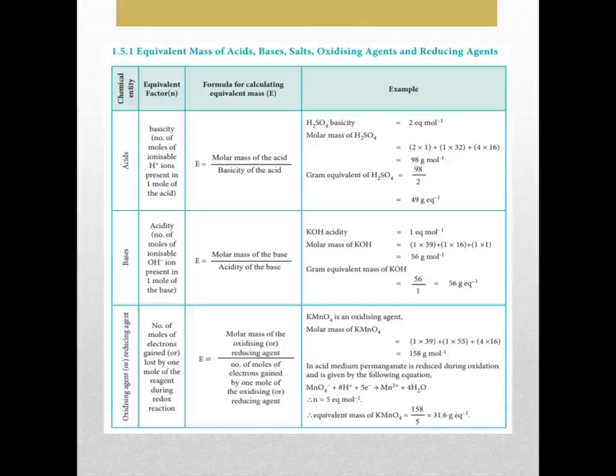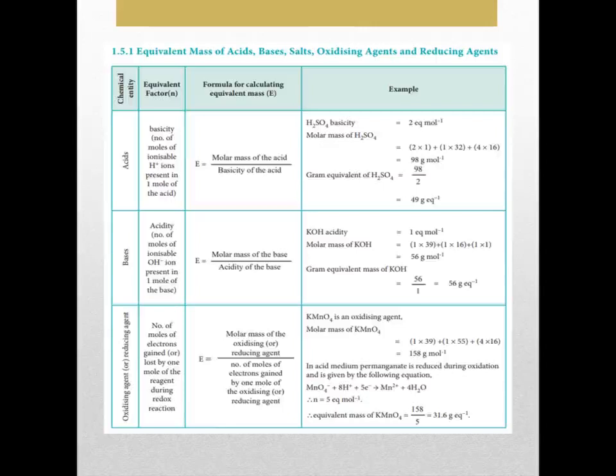Basicity is the number of moles of ionizable H plus ions present in 1 mole of an acid. So, the formula for calculating equivalent mass: E equals molar mass of the acid divided by basicity of the acid.